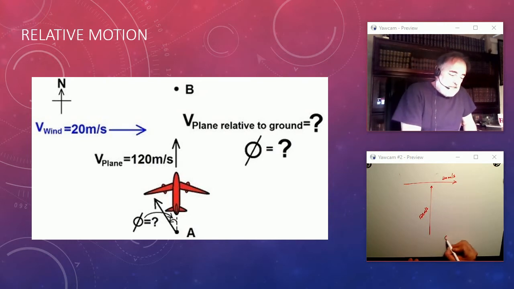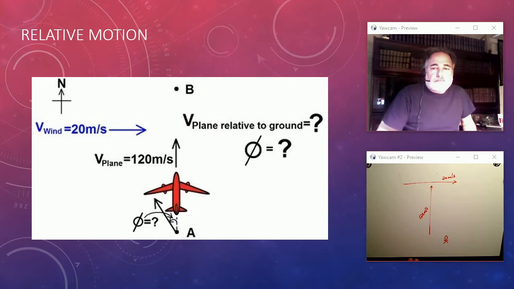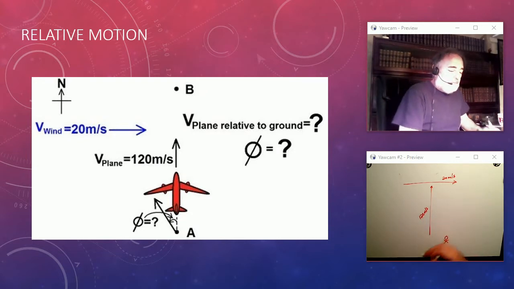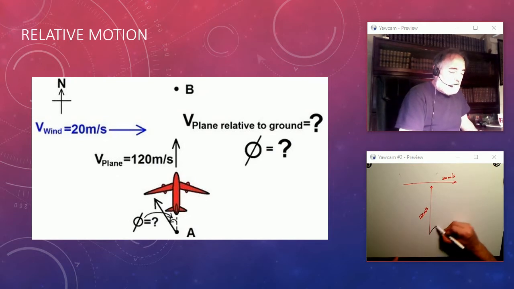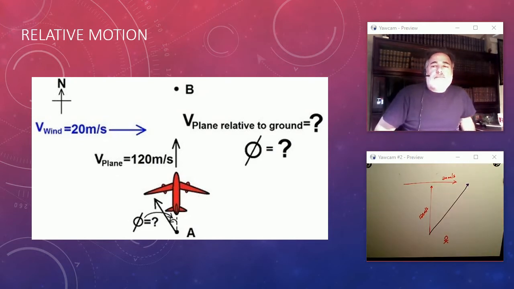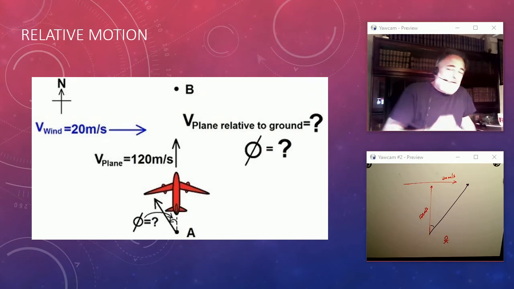But if I'm standing here, what am I going to see? I'm going to see the plane being knocked this direction, am I not? How much in that direction? That is a question, right? We can even figure out the angle too. But let's just start with how much.